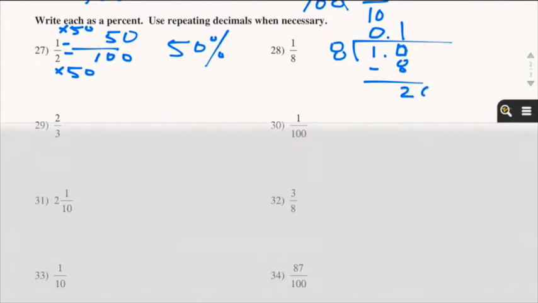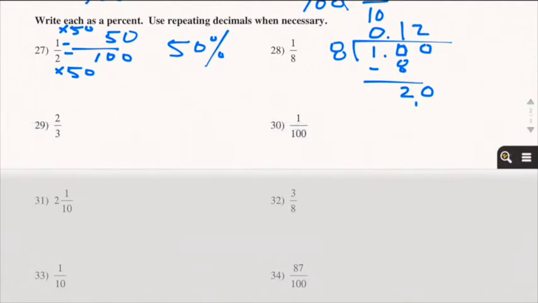Subtract those, we get a 2. Bring down another 0. 8 goes into 20 2 times. We end up getting 16. Subtract those, we get 4. Bring down another 0. 8 goes into 40 5 times. 5 times 8 is 40. We subtract those, we get 0. So we end up getting 1/8 equals 0.125.